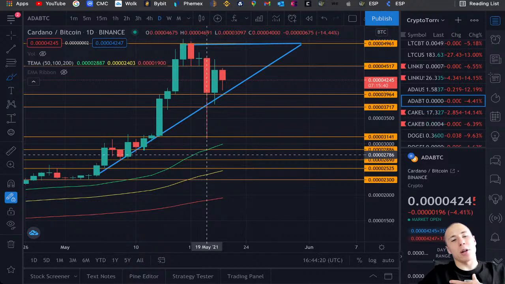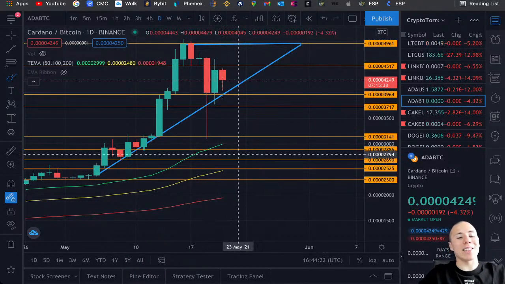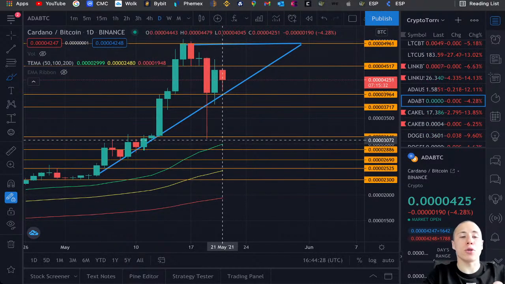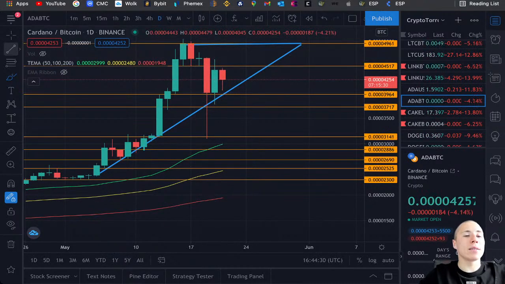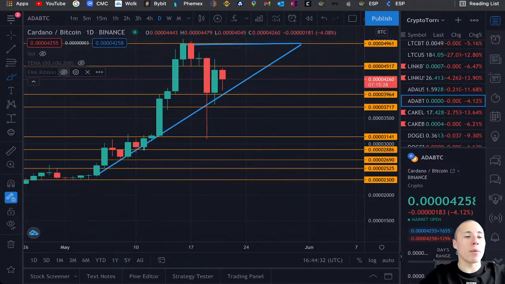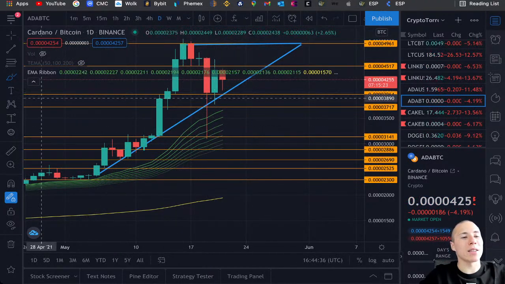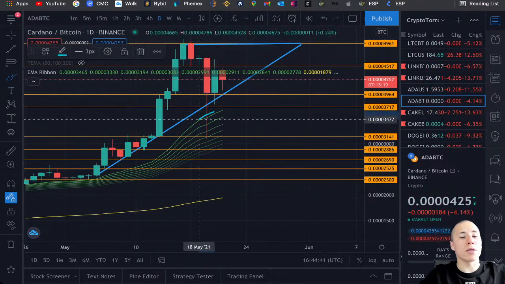Of course, that's my personal opinion, but getting stopped on top of these moving averages, on top of the 50, 100, or 200-day moving average for sure. And if we enable the EMA ribbon, we are seeing that Cardano is also far above the EMA ribbon and is finding support on top of it.